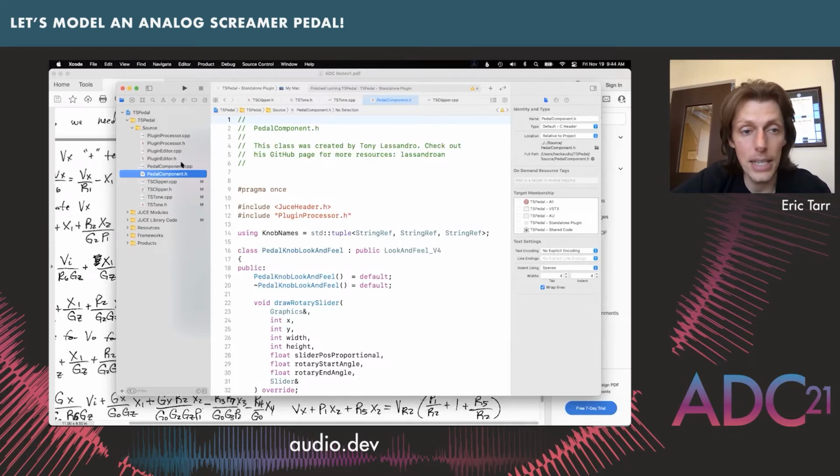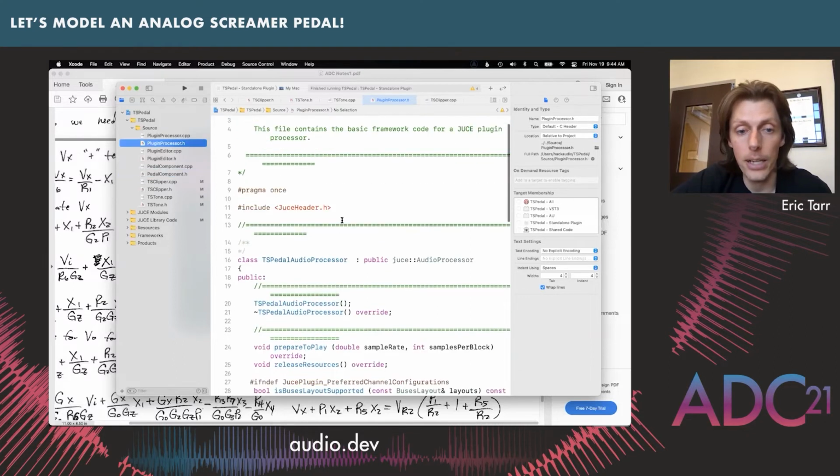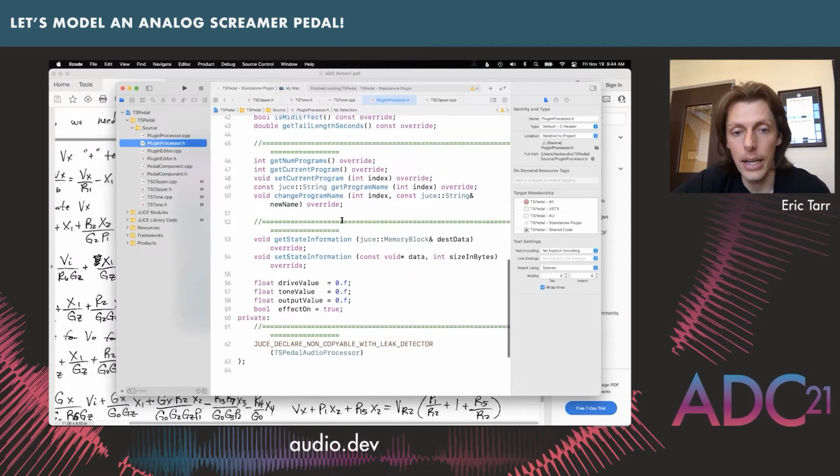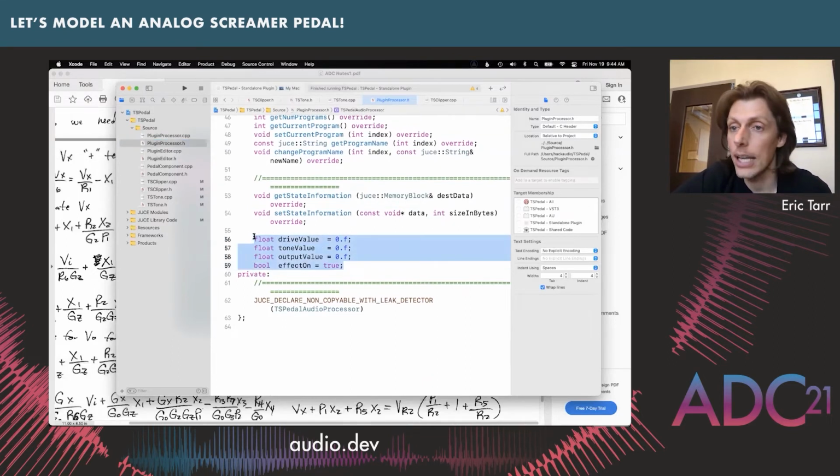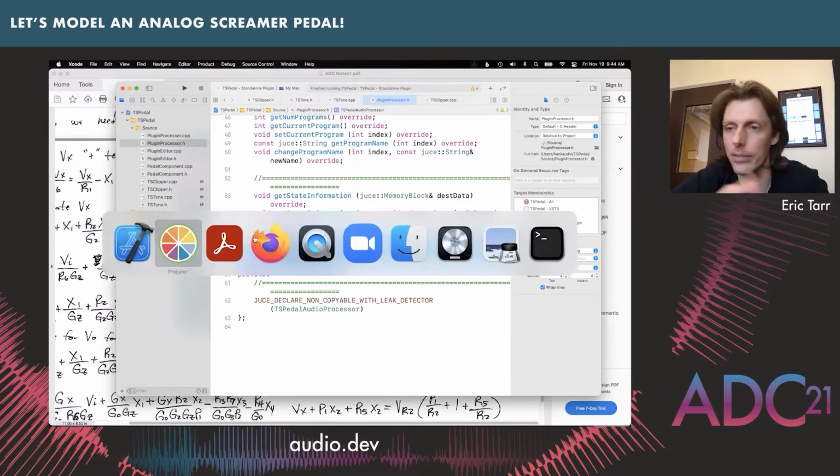Basically it's set up so that we have these variables in our plugin processor that are public variables, as a simple way for these values right here to automatically get updated by the values in Logic, or the knobs of the plugin that we have set up already.